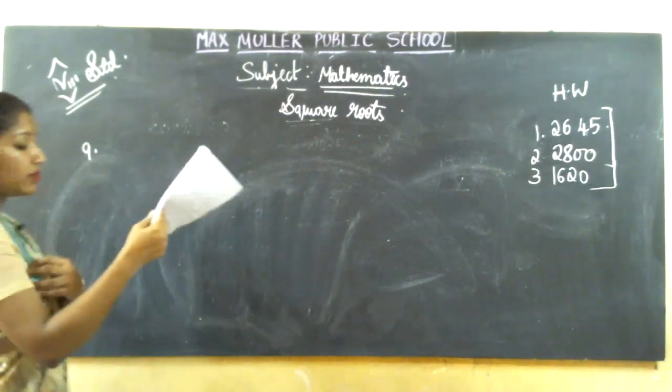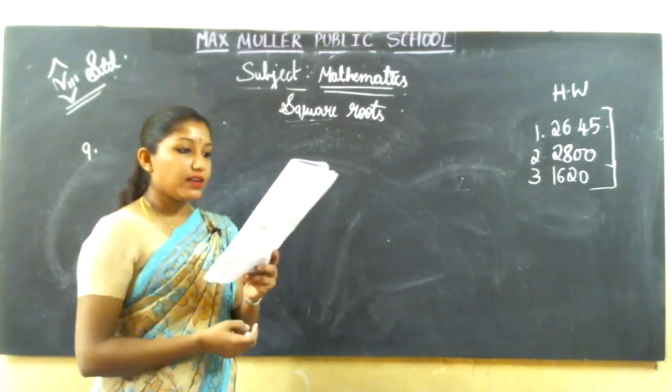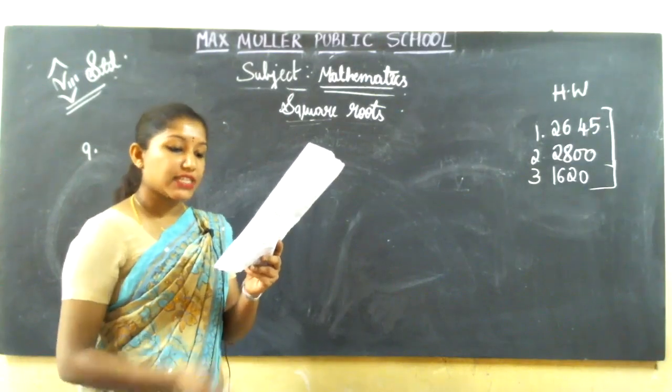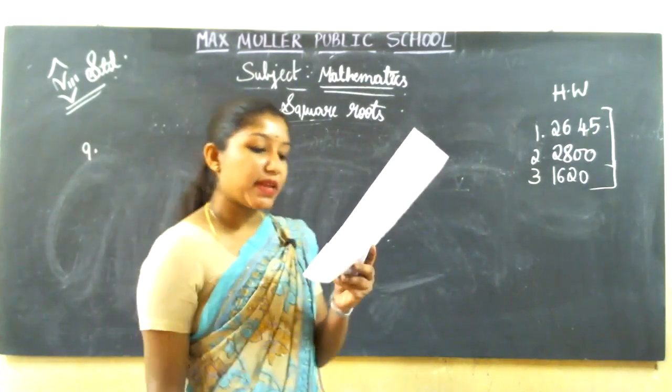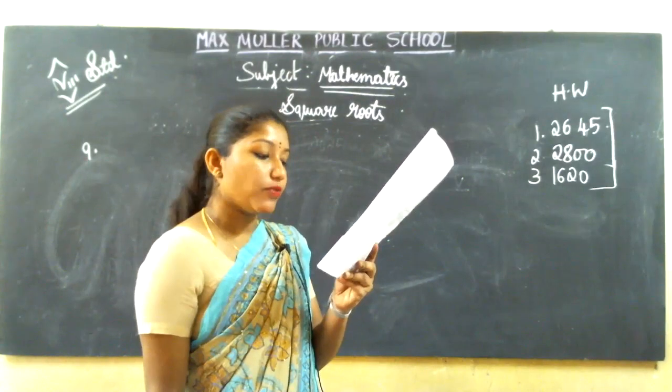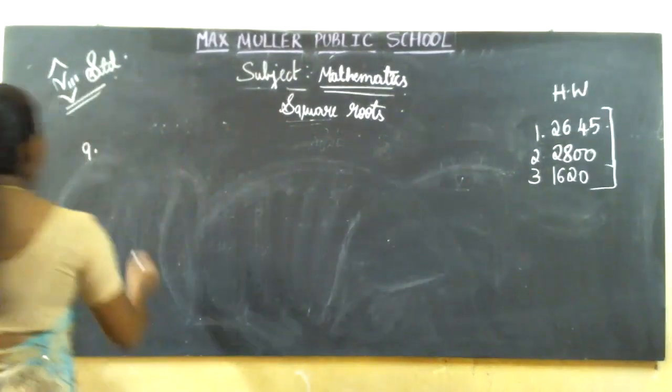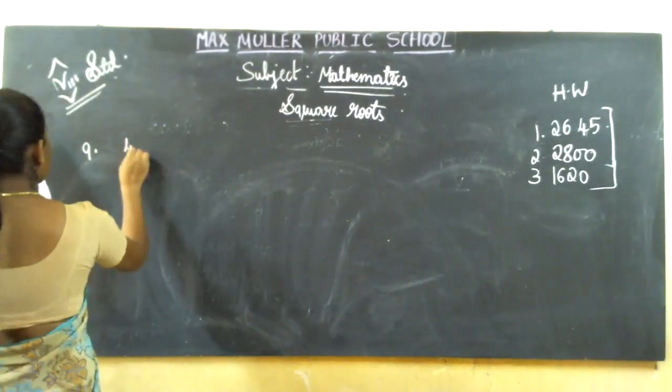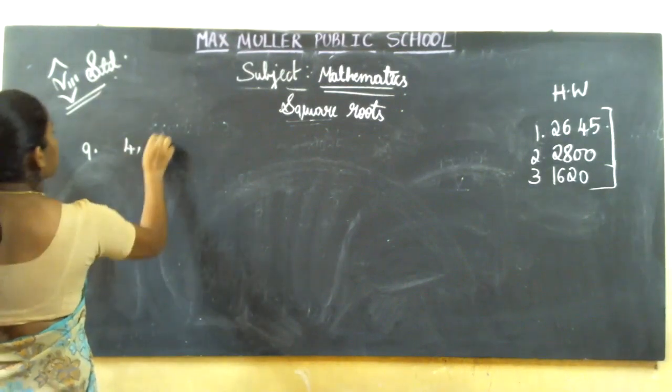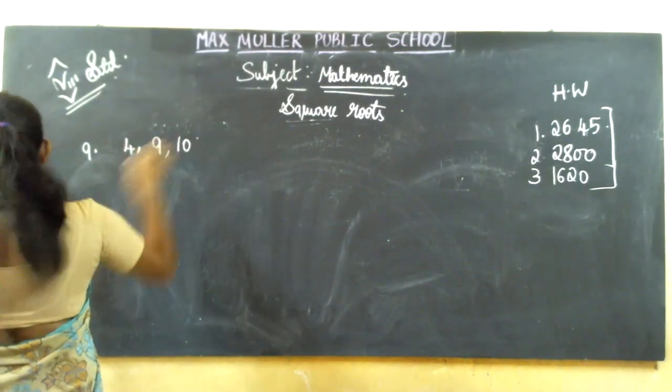They have given here, find the smallest square number that is divisible by each of the numbers 4, 9 and 10. You have to find the smallest square number that is divisible by 4, 9 and 10.